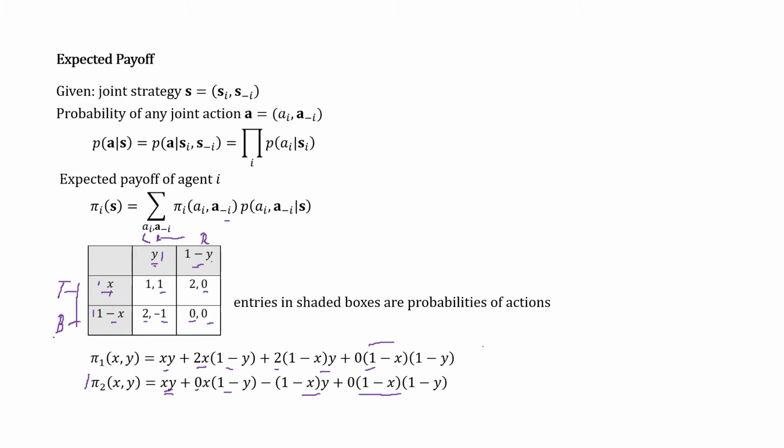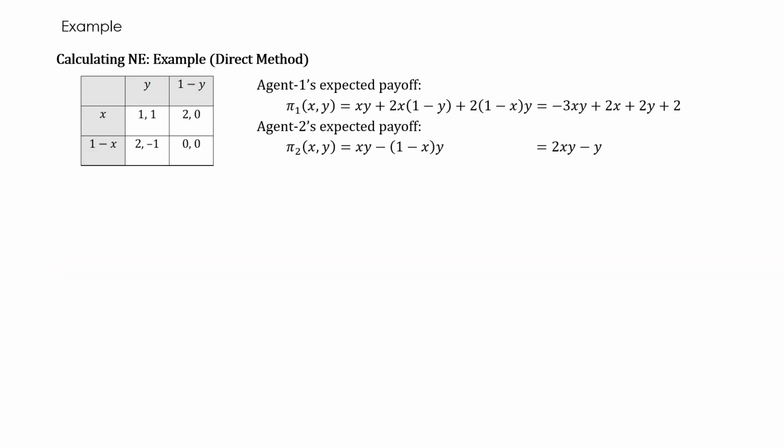So these are the expected payoffs from this game with these probabilities x, 1 minus x, and y, 1 minus y. I'm writing down the payoffs here to make space below. So the payoff of agent 1 was this, which simplifies to negative 3xy plus 2x plus 2y plus 2. And agent 2's payoff, likewise, simplifies to 2xy minus y.